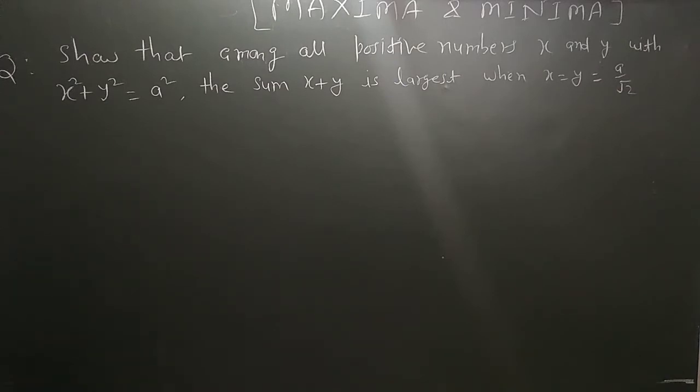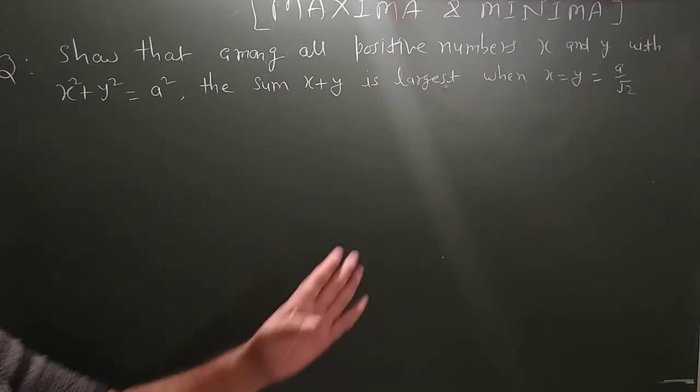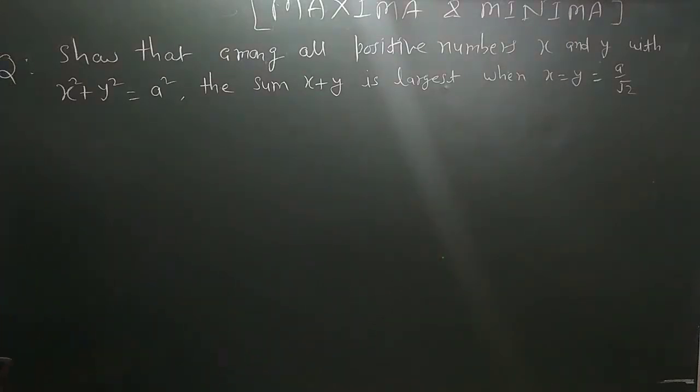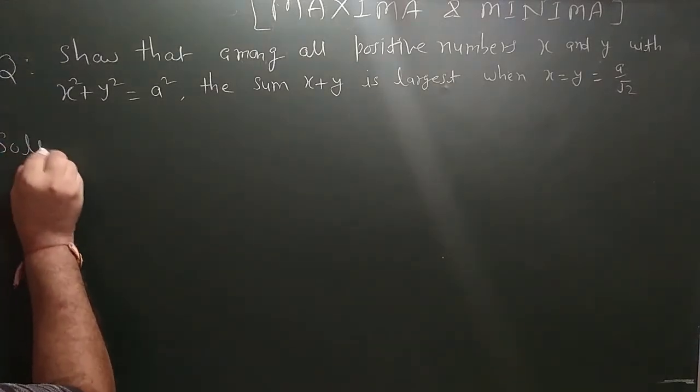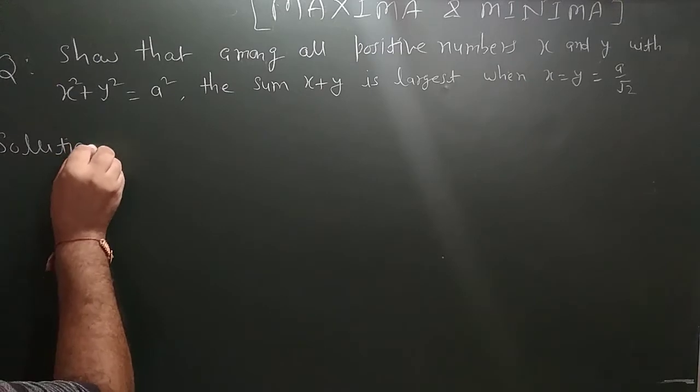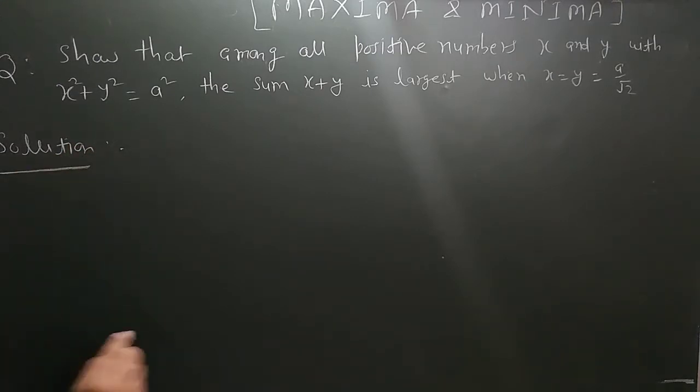Now another question. Among all positive numbers x and y with x square plus y square equal to a square, the sum x plus y is largest when x equal to y equal to a upon root 2. So we solve this question using the second order derivative test.